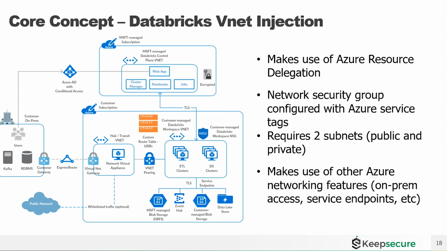There's a data exfiltration blog post that Databricks wrote up maybe a year or two ago now, and VNet injection is a core part of that, because you can start controlling where the outbound traffic goes, and you can start inspecting that to make sure that there's no data exfiltration out of your environment.